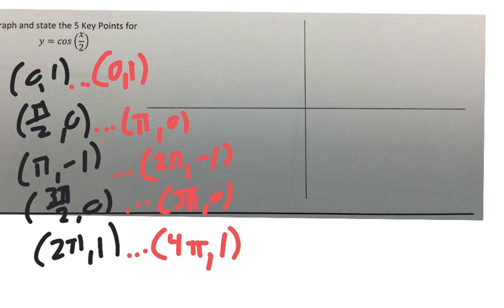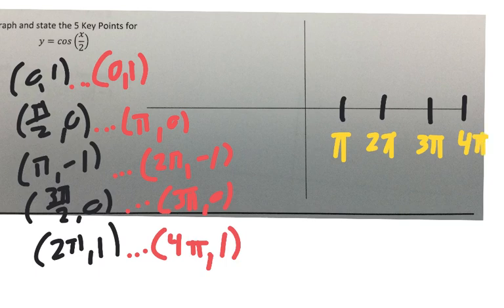When I change the period, I can change my x's, because all of these are evenly spaced. From 0 to pi, from pi to 2 pi, 2 pi to 3 pi, 3 pi to 4 pi. So when I have a period change, I'm going to change my tick mark values every time. My tick mark values are pi, 2 pi, 3 pi, and 4 pi.